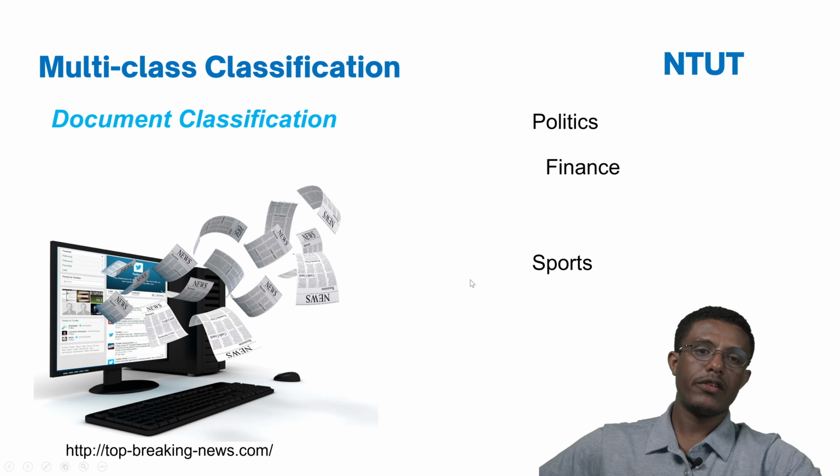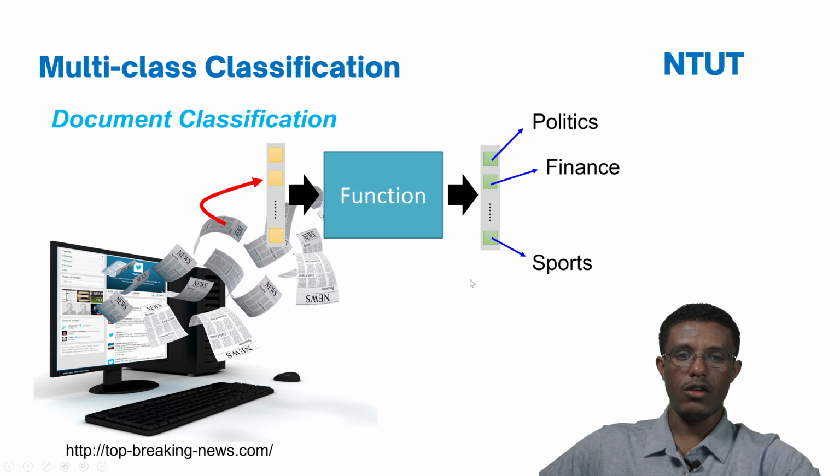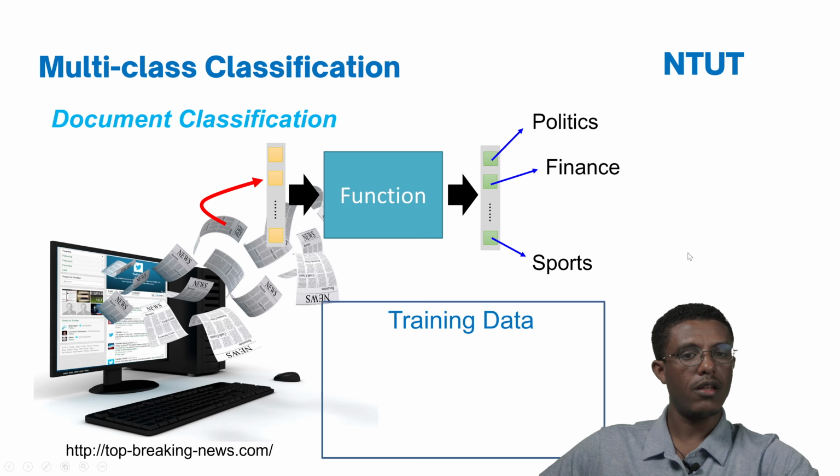In multi-class classification, you see newspapers here from different sources, and we give them to the model. The classes become, for example, that this newspaper is more related to politics, finance, sport, economy, and other things.